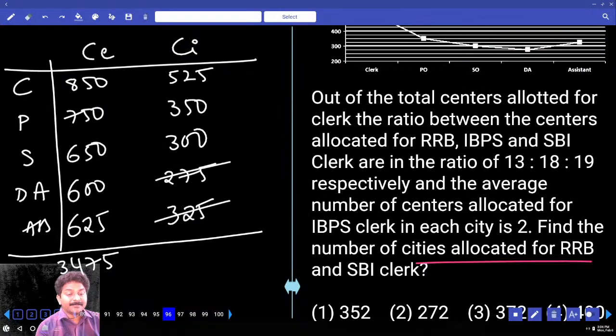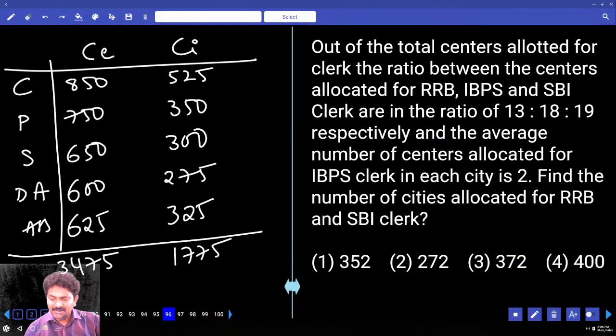So total cities, let's calculate, let's add all the numbers. 275, 325, 600, 600, 600, 600, 600, 12, 12 plus 5, 17, leftover number 75, which is 1775. Okay, now what was asked? IBPS clerk in each city, we have to find the number of cities allocated for RRB and then SBA.